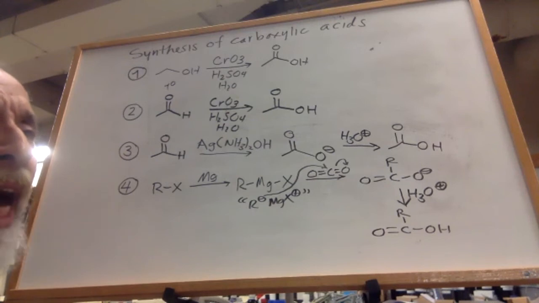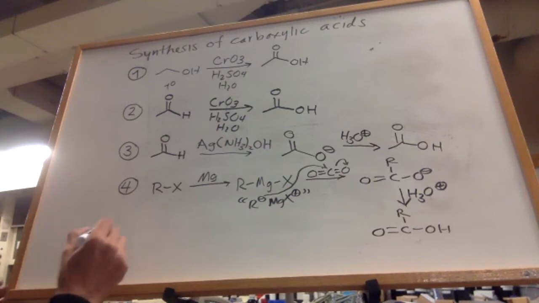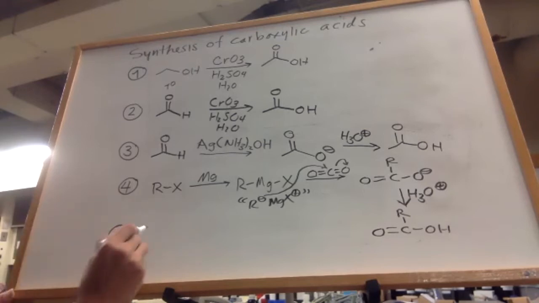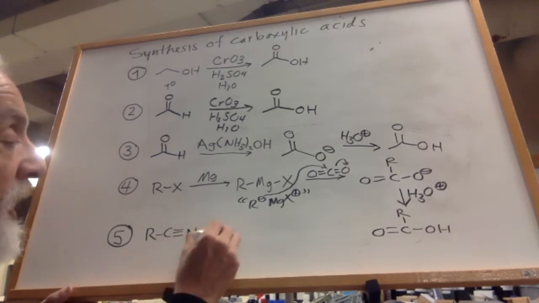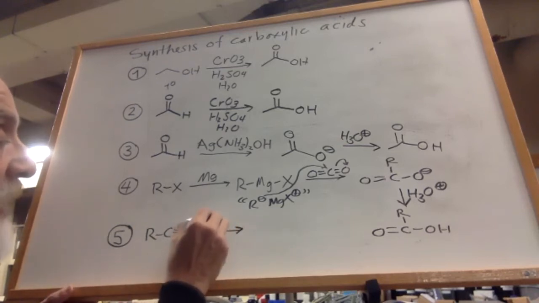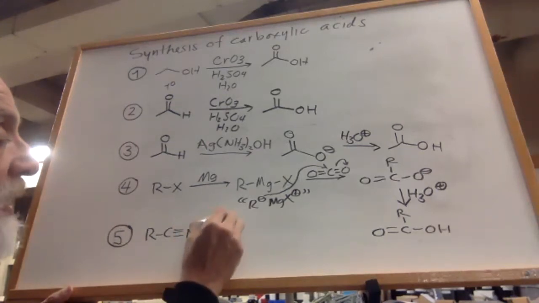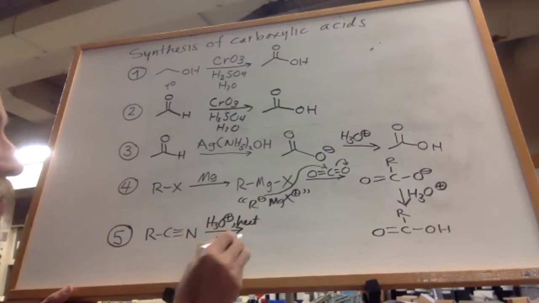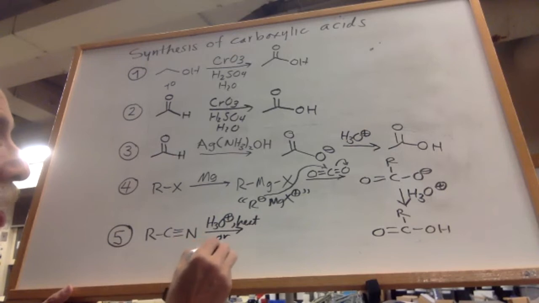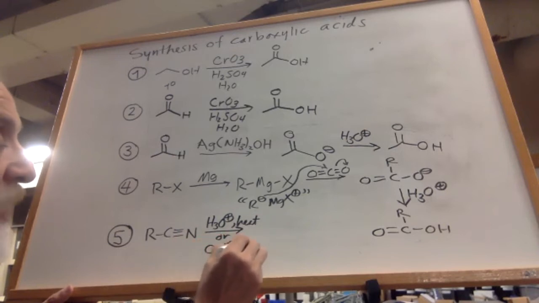I don't think we've gotten to them in the lecture yet, but can't really remember. So let me just point out here that another method that we would have would be hydrolysis under acidic conditions or basic conditions of a nitrile. So here we would add H3O plus and heat, or we could also do this under basic conditions, OH minus, H2O.